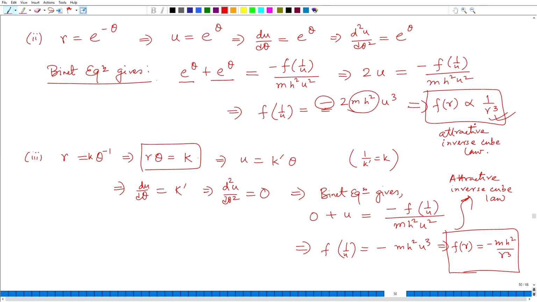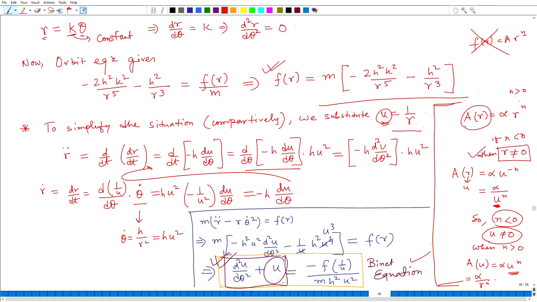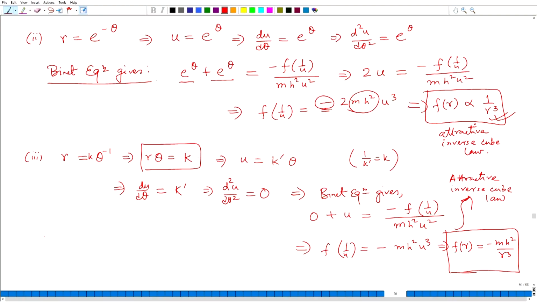Now, why have I discussed these two examples? After seeing this Binet equation, maybe you have some impression in mind that if I give a law of force, then I will get the trajectory, or if I give a trajectory, then I get the law of force, and that this trajectory to law of force mapping or correspondence is actually 1 to 1. The example I just discussed is trying to contradict that.